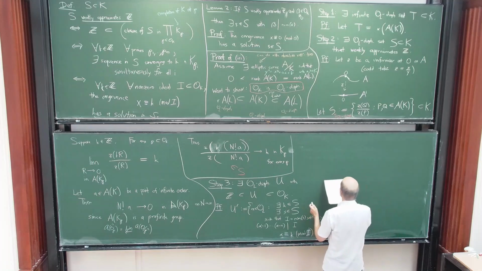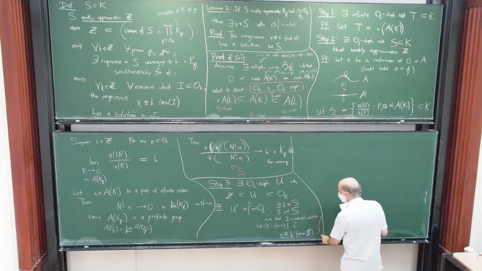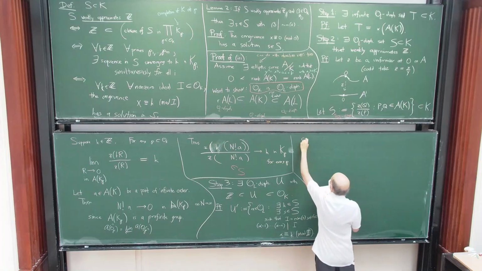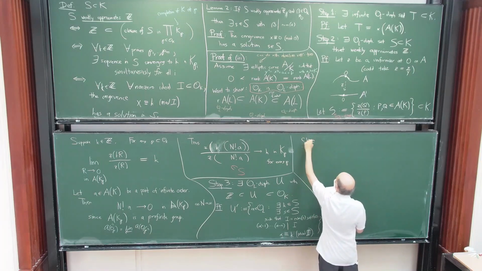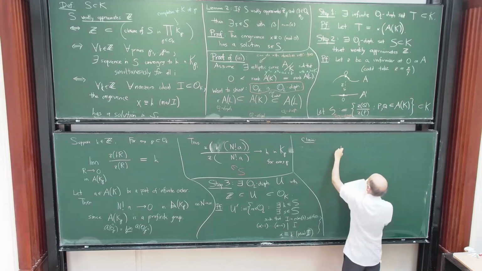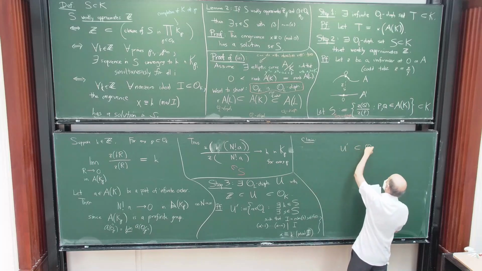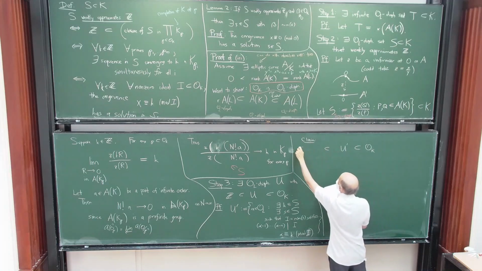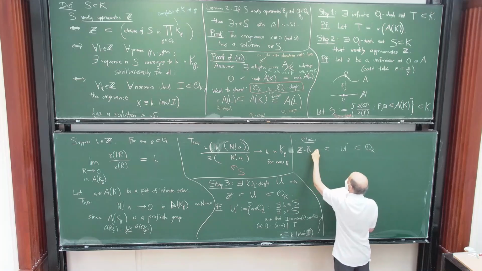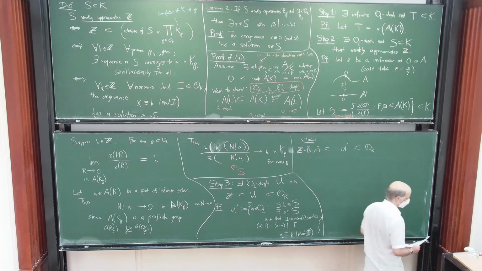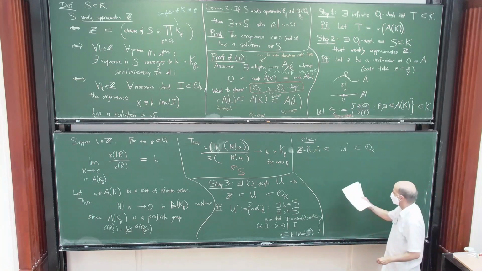That's going to be the definition of the set, and I claim that this set is almost what I want. First of all, I claim that it's inside OK, and it almost contains all the integers. The only integers that are missing are the ones from 1 to n. I'll have to fix that up later, but let's just do this for now.